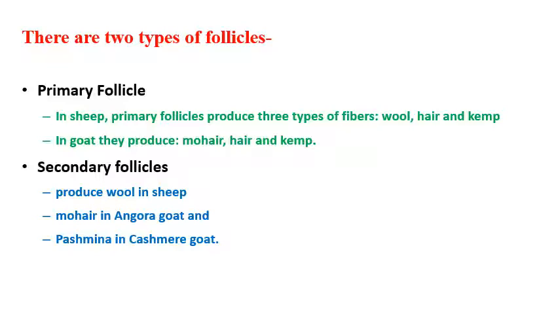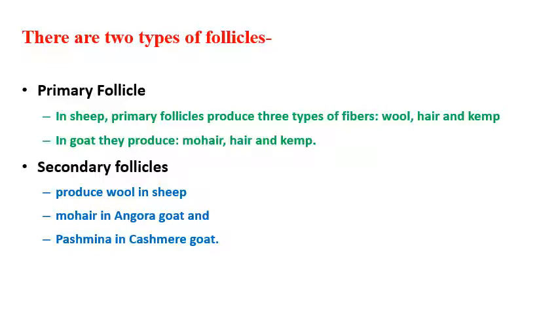Then there are secondary follicles, which start growing a little later, and the final stages come after birth. A large number grow. So the secondary follicles produce wool in the case of sheep. So mostly they produce wool, whereas primary follicles produce three types of fibers.